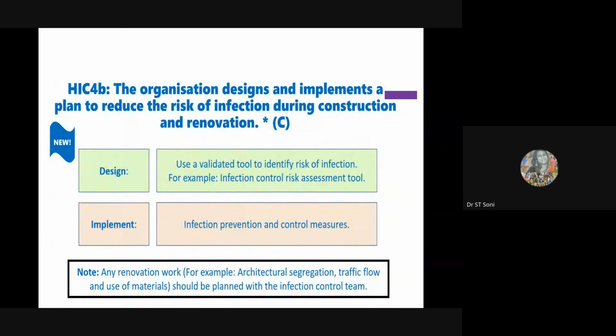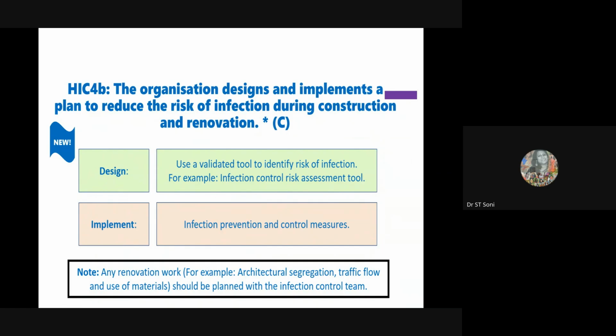Whenever any construction is going on, there is a risk of increased infection during the renovation, because when you do all this construction work, spores are going to form. So we need to do a pre-construction infection control risk assessment, called ICRA, to take preventive measures.